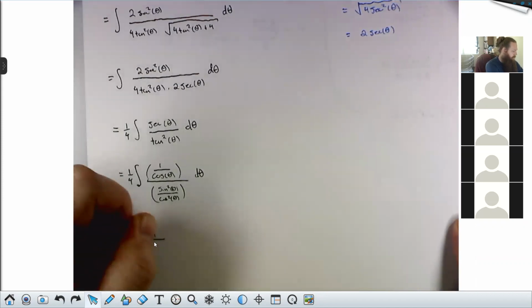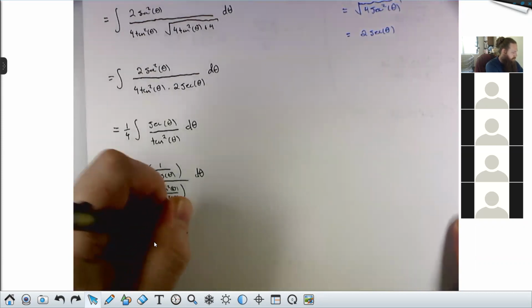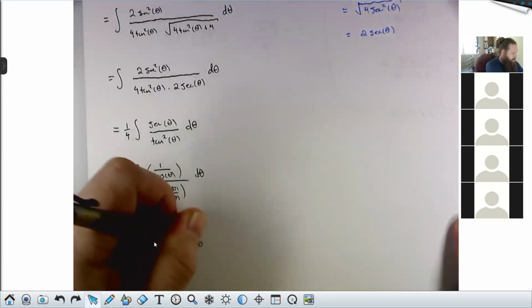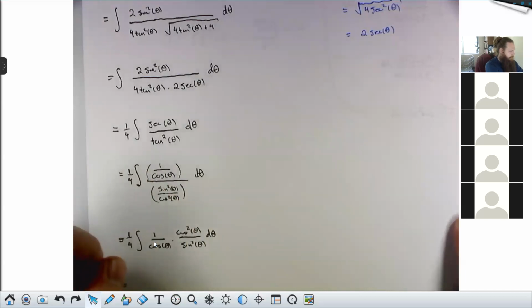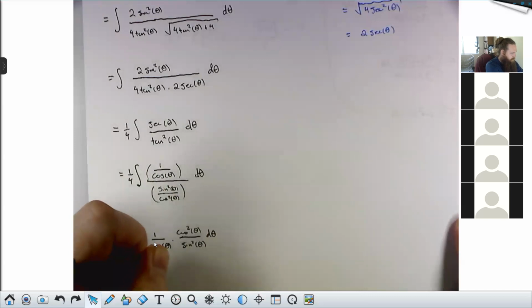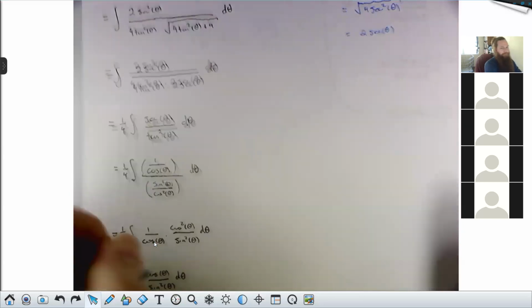So this is 1 over cos theta times cos squared theta over sine squared theta d theta. You can cancel the cosine. You have 1/4 integral cos theta over sine squared theta now.